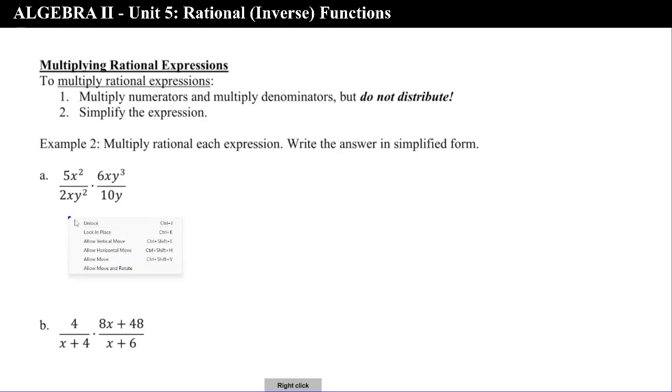If we multiply the tops, so you end up with 5x squared times 6xy. So we got 6xy here.